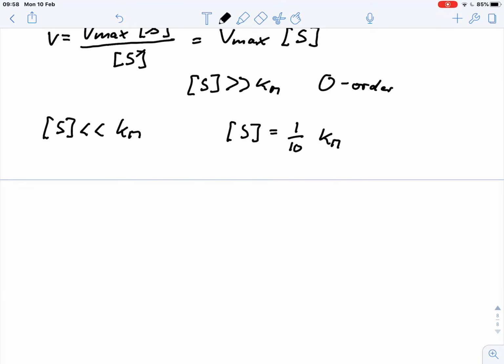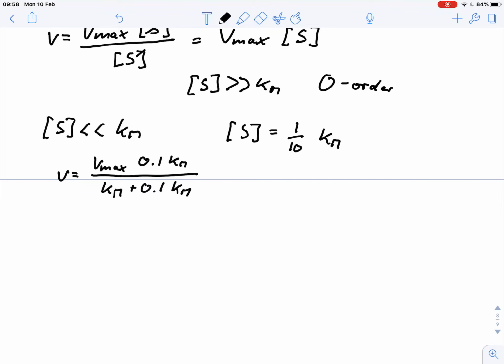We just put 1/10 of Km into our Michaelis Menten equation, and we have V equals Vmax times 0.1 Km divided by Km plus 0.1 Km.